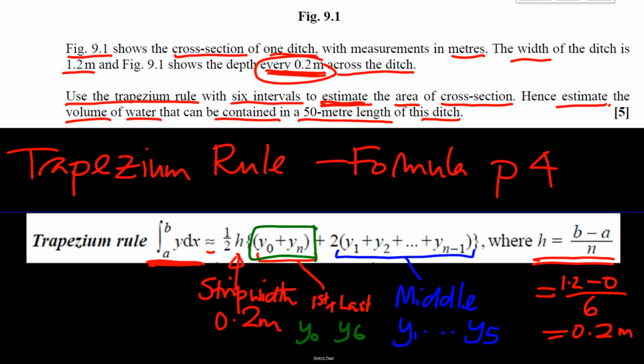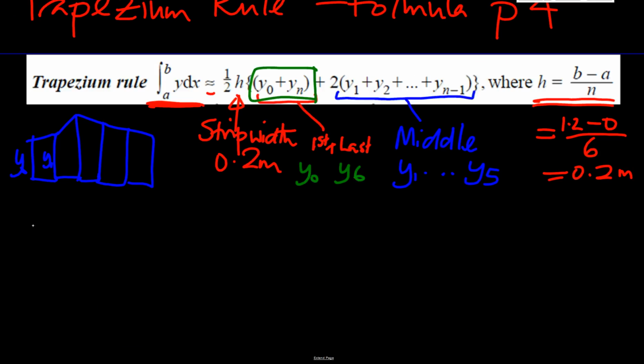The area of a trapezium is A plus B over 2, so we found the average height in effect, times h, the width. And by adding these together, we can see that the first strip is going to have area y0 plus y1 over 2 times h, so that's the first strip, A1.